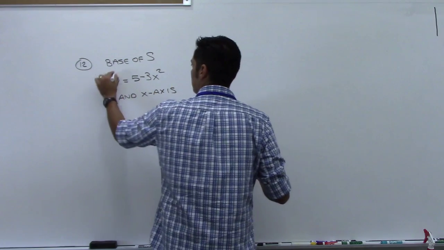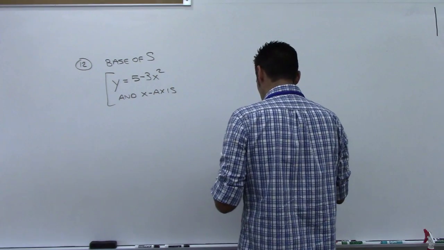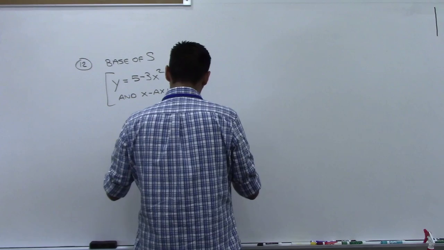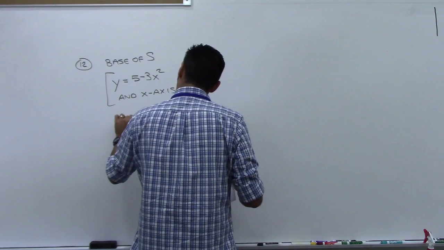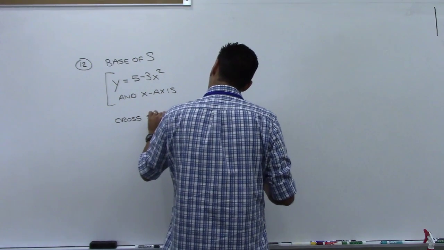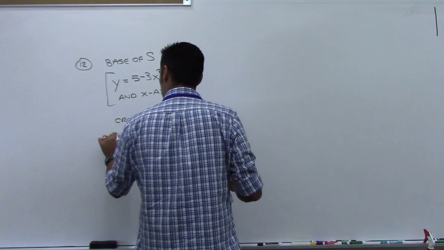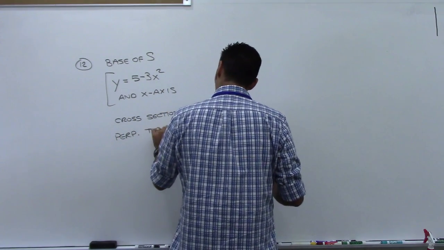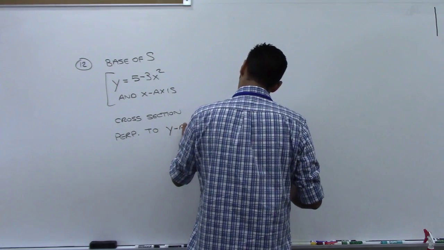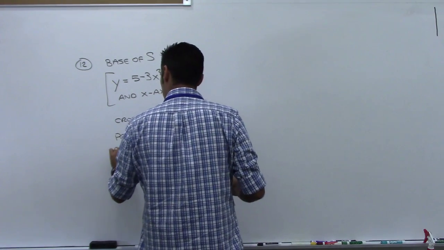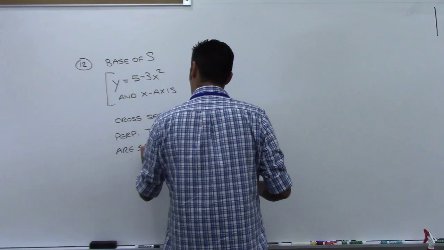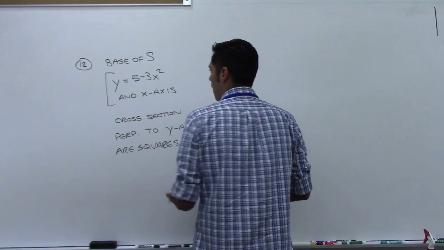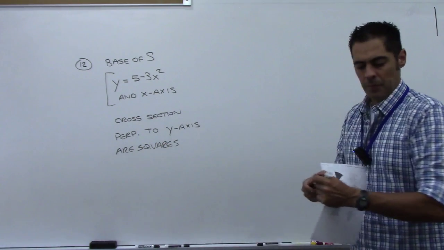So I've got a region that's created from those two things. It says cross sections perpendicular to the y-axis are squares. We're supposed to find the volume of this solid.